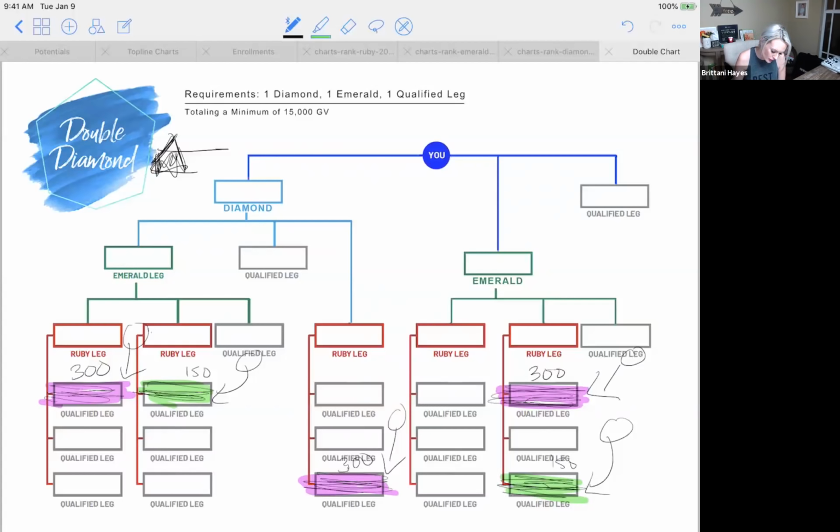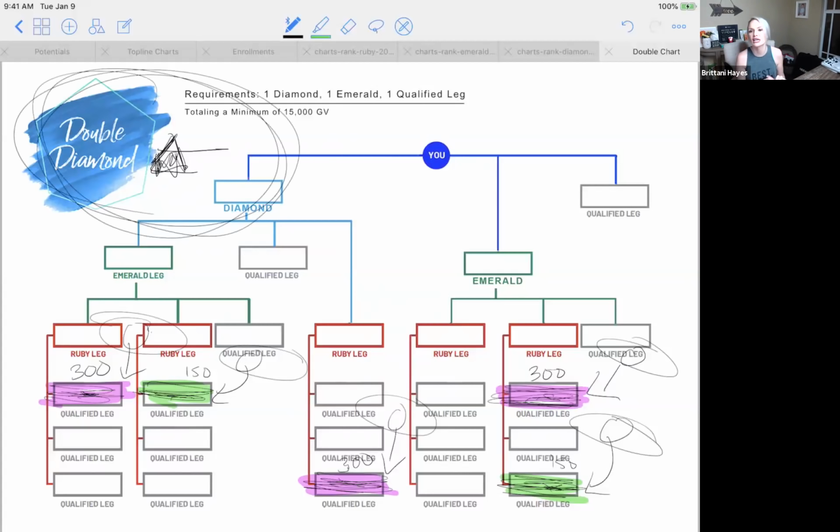And then if these original people here, here, here, here, and here weren't ever really working that hard, then next month when you're doing your triple, you're going to use these new people that you stacked that are so excited and on top of the world and running with you. They're going to be the people you get to work with, and it's going to be so fun, and it's going to make this double promotion so much stronger, but it's also going to set you up so much better for triple because you're going into triple as a strong double. Does that make sense?